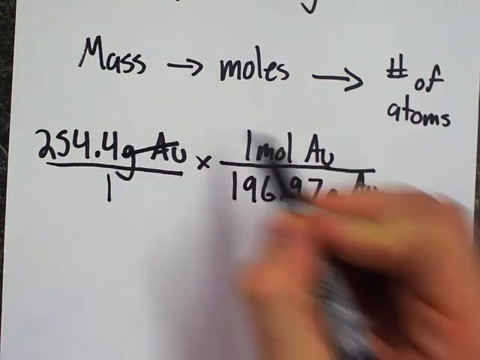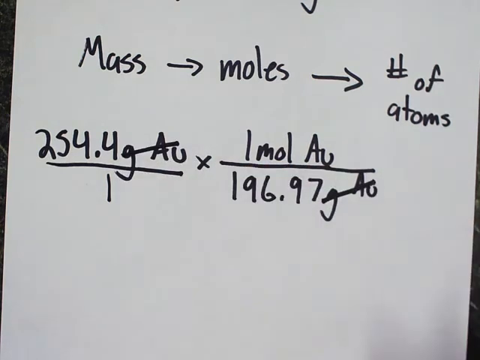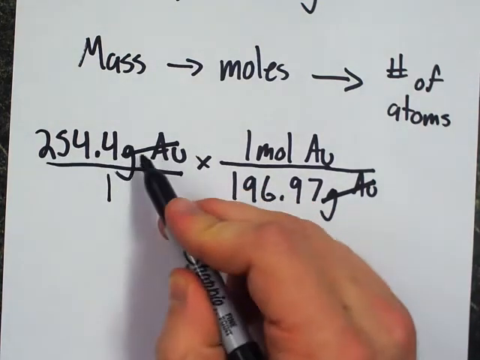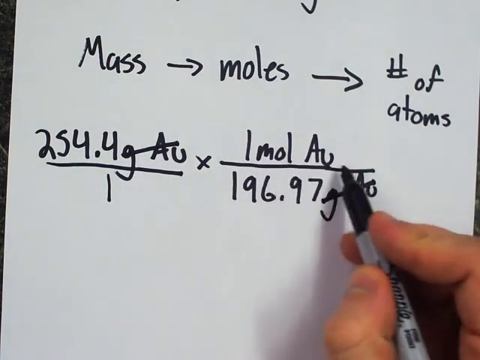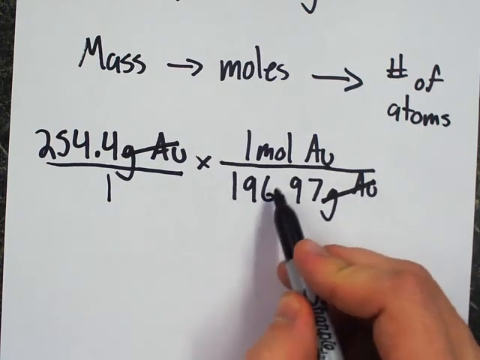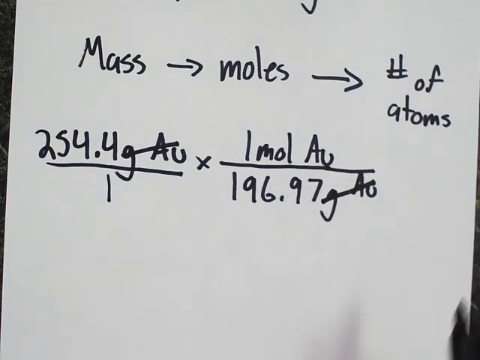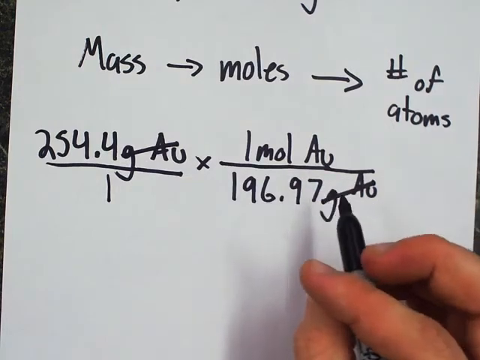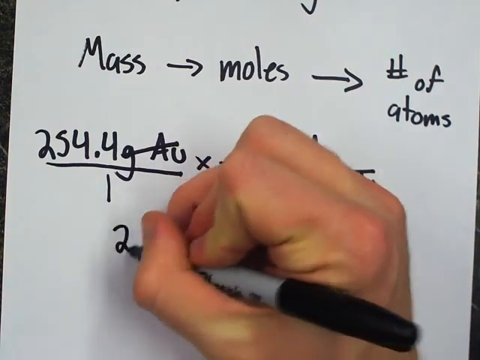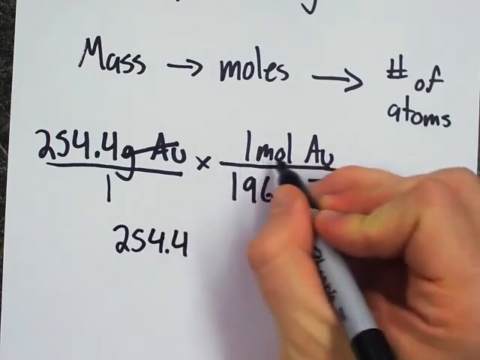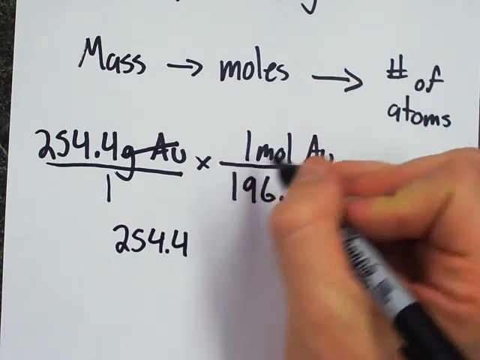And we see that grams of gold cancels out with grams of gold right here. So we've got 254.4 with no units anymore times 1 mole of gold over 196.97 without any units. If we do the multiplication across, we're going to end up with 254.4 times 1 mole of Au.